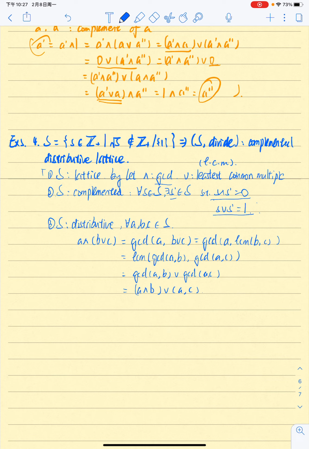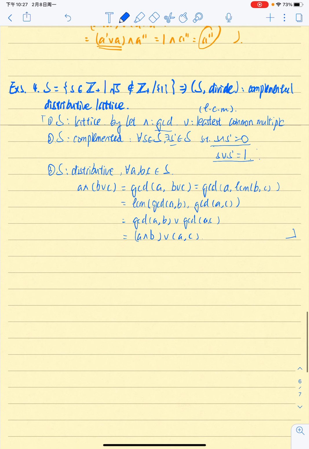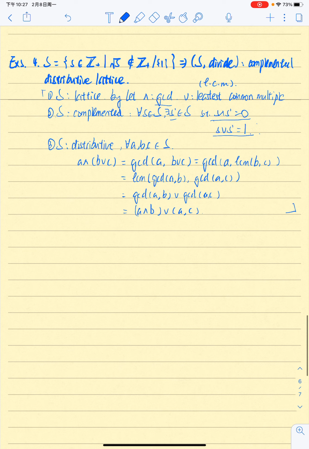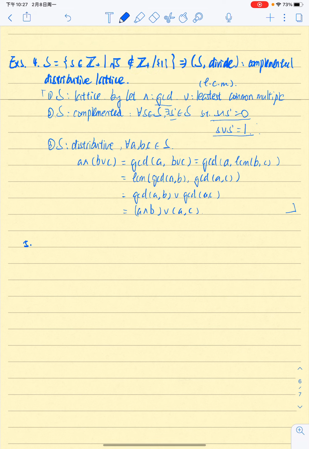By these 3 steps, we can get S is a complemented distributive lattice. And the following example is, let S be the subset of the collection. Okay, how about using this form?